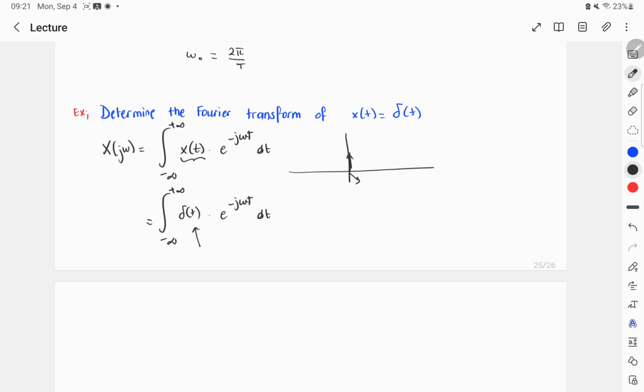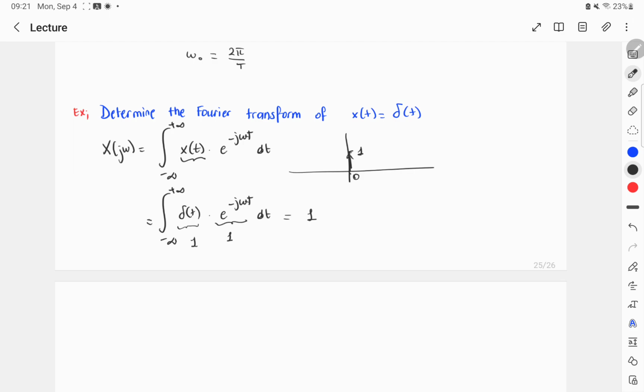Let me write it here: 0, here 1. When t is 0, this value over here becomes 1. So having a delta function 1 and this one 1, we will get 1 in return.